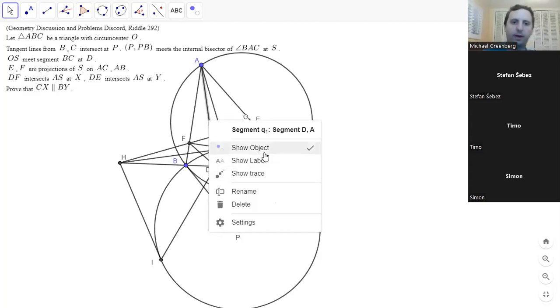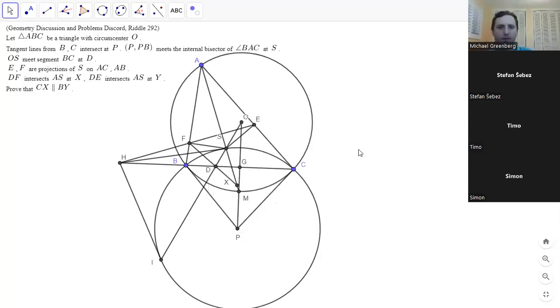Because if we know that, then that would mean that HBDC is harmonic. And so those are the tangents.